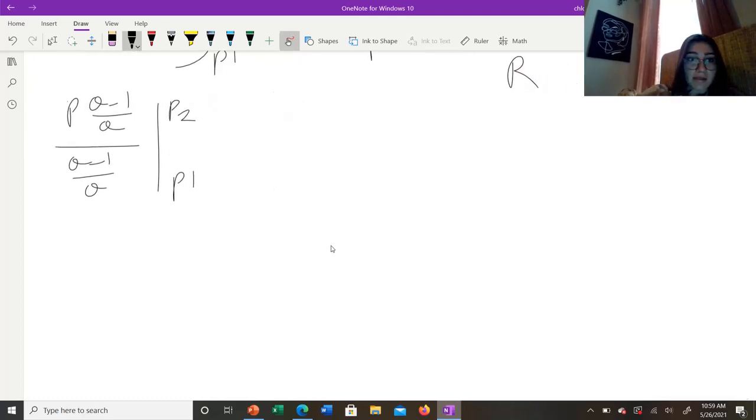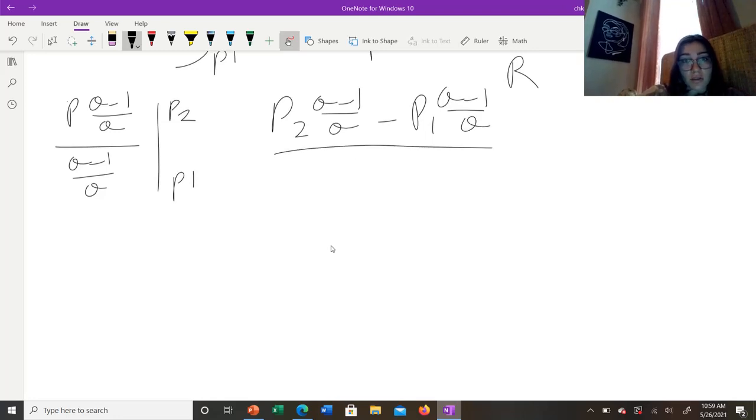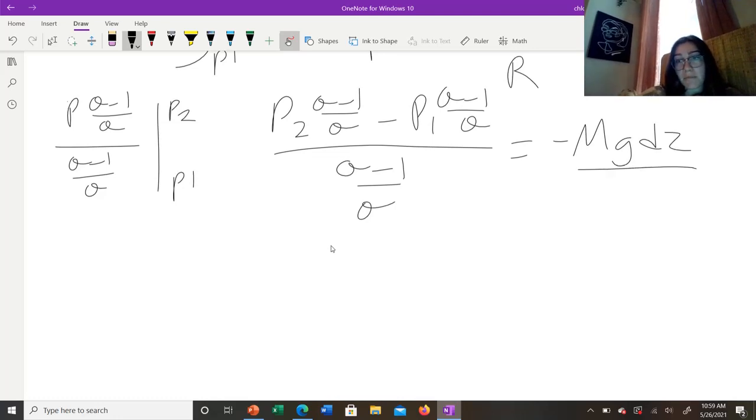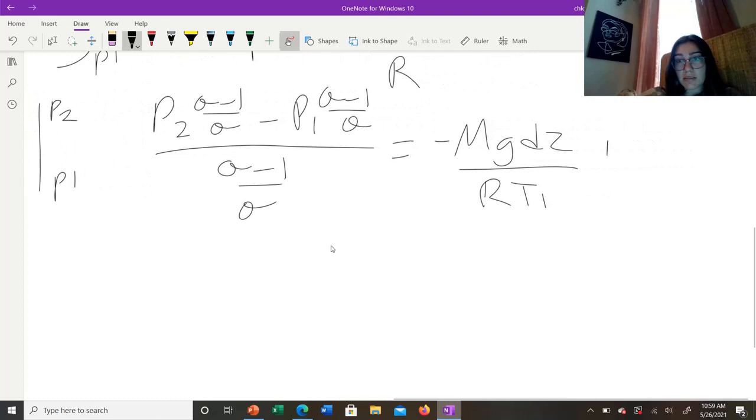So we're going to rewrite that as P2 to the gamma minus 1 over gamma minus P1 to the gamma minus 1 over gamma all over gamma minus 1 over gamma. And everything on the right stays the same, so we're still going to have minus mg delta z over r T1 times P1 to the gamma minus 1 over gamma.